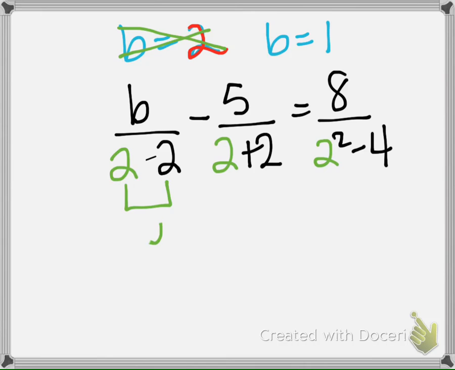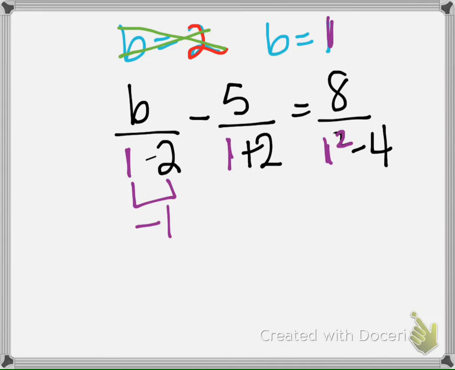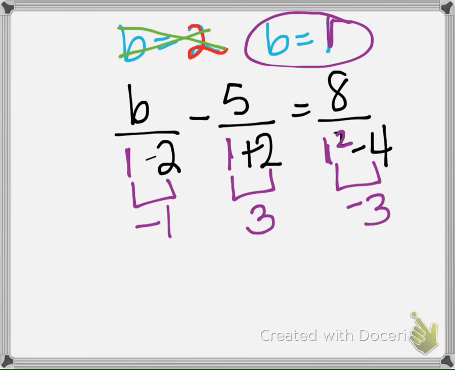Now if we do that same thing with the 1, let's see if that produces an extraneous solution. So we're going to take the 1 and put it where the x's were. And this would get us negative 1, so that's okay. This would get us 3, and this would get us negative 3. So this won't get us an extraneous solution.